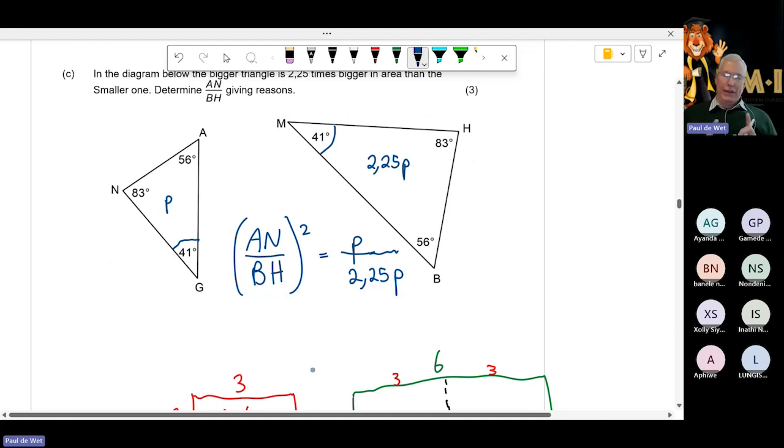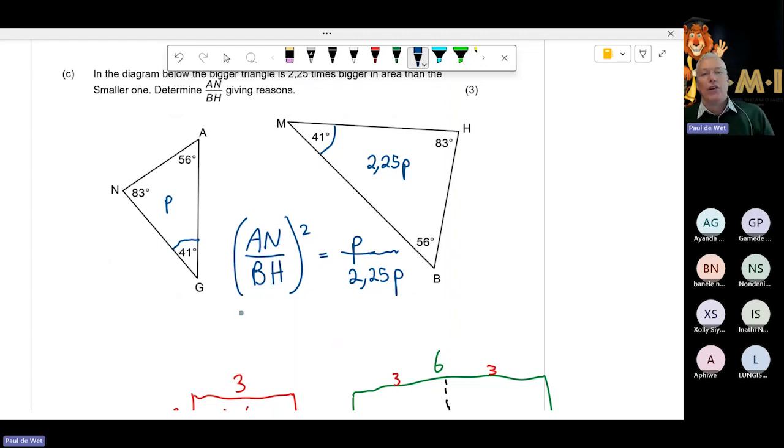Listen carefully. To get the ratio of the areas, we square the ratio of the sides. Now if I divide the P's out, I get 1 and 1. So the squared ratio of AN over BH is 2,25.